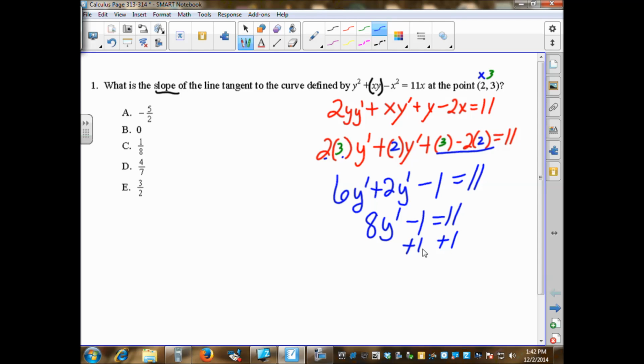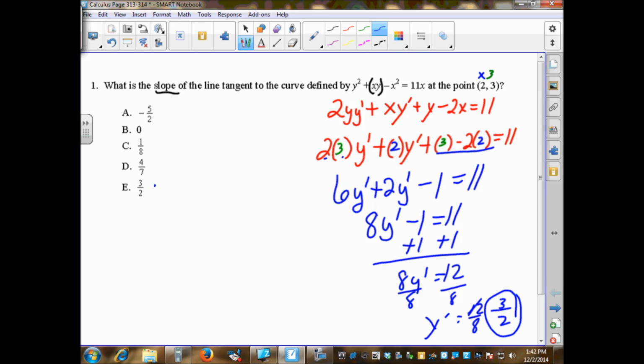Add our 1. Divide by 8, so we get y derivative is 12 over 8. I don't see those choices over there, but I know 4 go into 12 3 times, 4 go into 8 2 times. So it's 3 over 2, choice E.